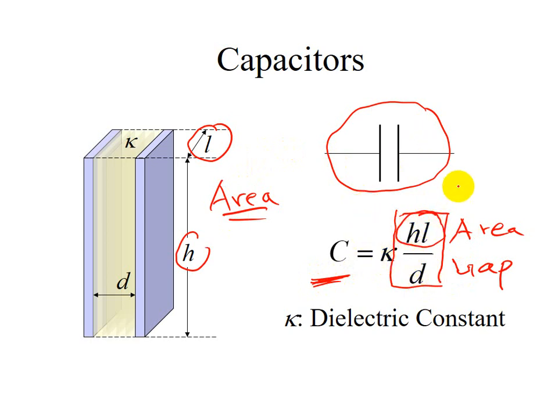So you can see, as area increases, your capacitance increases. That means if you have a larger structure, you can hold more charge carriers. And if you reduce the gap between the two electrodes, you can also increase the capacitance of the capacitor. The constant K here is called the dielectric constant.